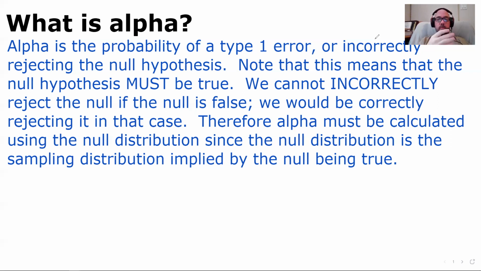To commit a type 1 error, we must have the null hypothesis actually be true. So the null distribution must be the correct sampling distribution to use in this case. And alpha, however big or small we make it, usually 5%, must be some area on that distribution. All right, so that's what alpha is.